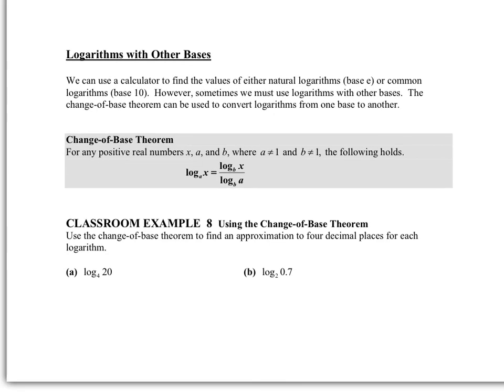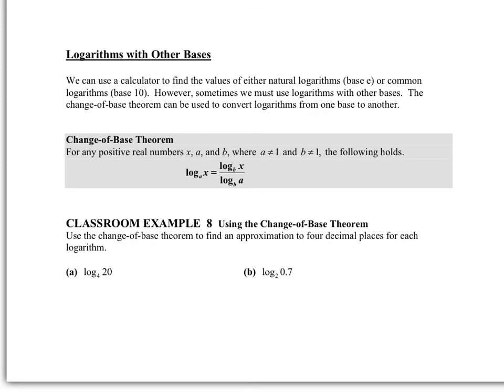Now, this is the part that you want to be sure you understand how to use correctly. We have something called the change of base theorem. If you remember, I told you your calculator only has the LOG key, which uses base 10, and the LN key, which uses base e.